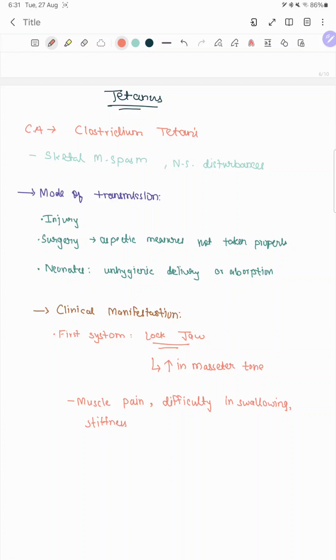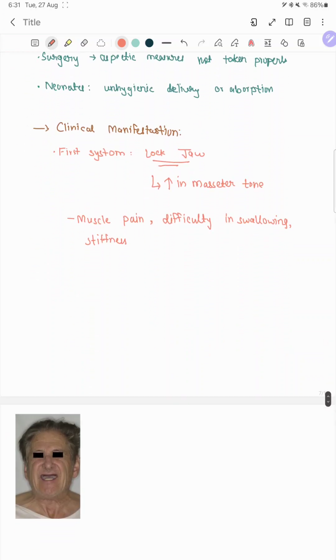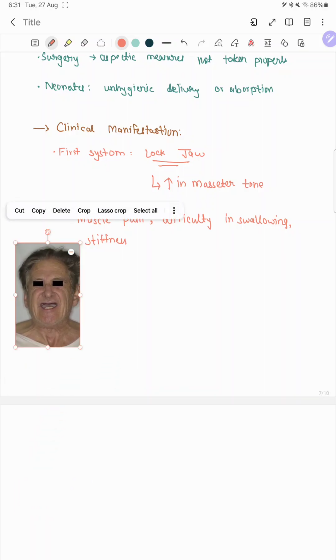Okay, I'll just show you a figure. So this is a figure of lockjaw. You can see that the patient is not able to move the jaw.